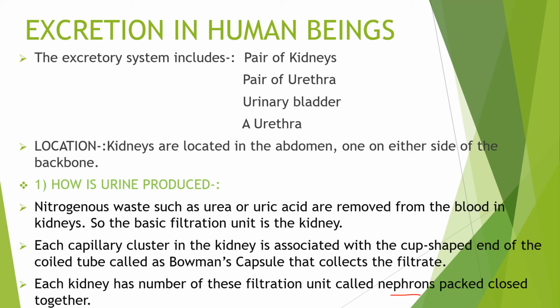Each kidney has millions of these filtration units known as nephrons. Now we'll see the nephron in detail, how absorption takes place, how urine is produced, and how the excretory process is completed.